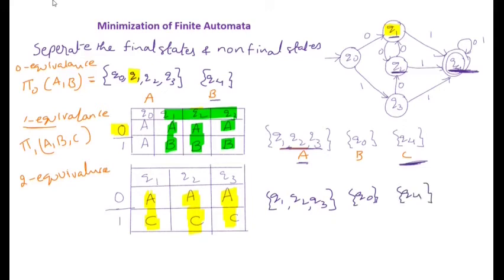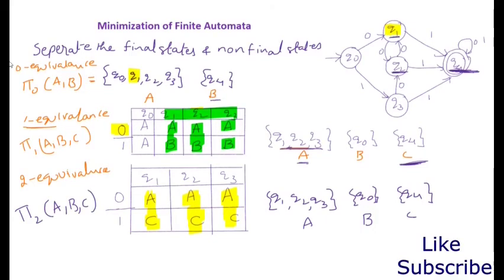It is already decided in the one equivalence. In two equivalence we got three groups with the names A, B, C, so we can write pi of 2 with the three groups A, B, C. You can observe there is no change in pi 1 and pi 2, so we can stop the procedure.